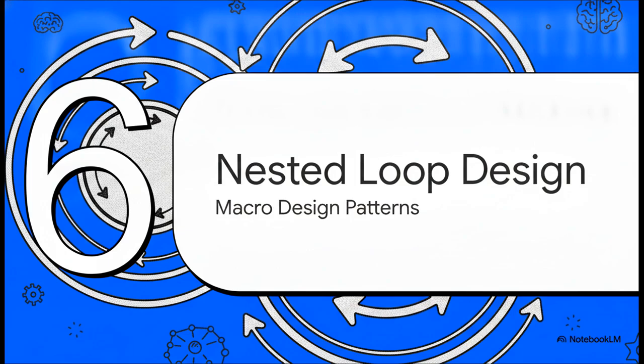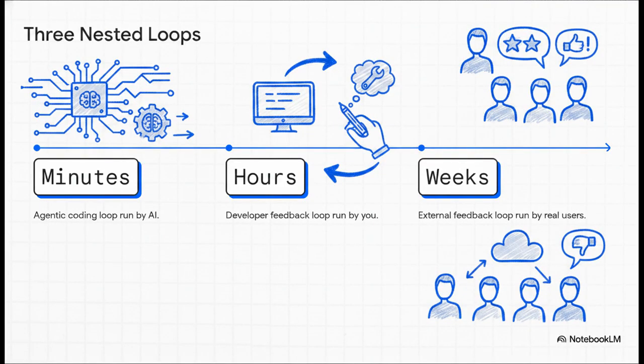Finally, Section 6, Nested Loop Design. Let's zoom out from the active agent itself to look at the macro design patterns tying this whole software engineering process together. This brilliantly maps to Andrew Ng's concept of 3 nested loops in software building, which all operate at totally different speeds. First, you have the agentic coding loop.